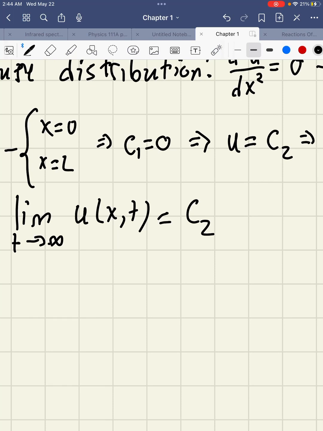Now, for a long enough rod with insulated ends, the temperature should approach a constant temperature. This is reasonable, but it doesn't make sense that the solution should approach an arbitrary constant.